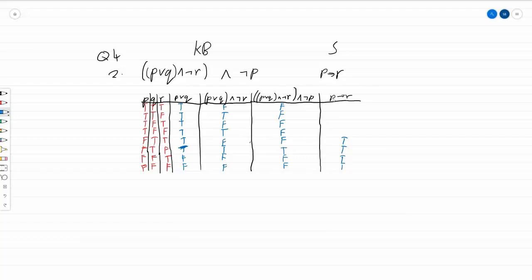And so basically when P is true and R is true, we're good. So true and true, true and true. But we have true and false, that's where that implication becomes false. So over here, actually, I'm a fool.